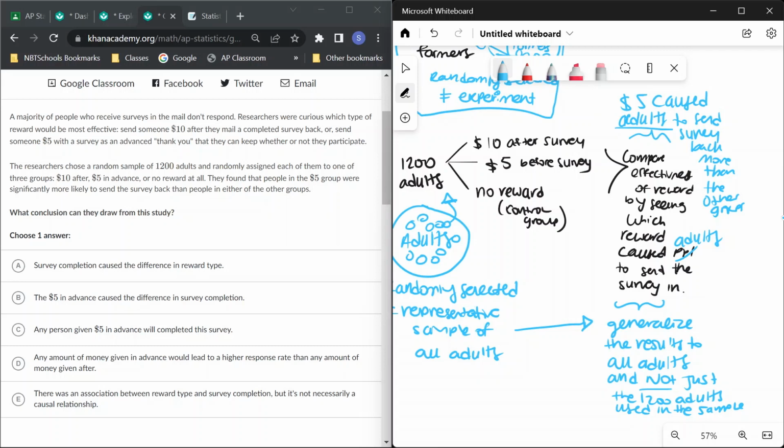Okay, but because we randomly selected a sample of all adults, that's a representative sample of all adults, and therefore we can generalize our results to all adults.